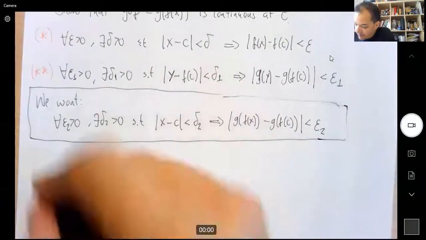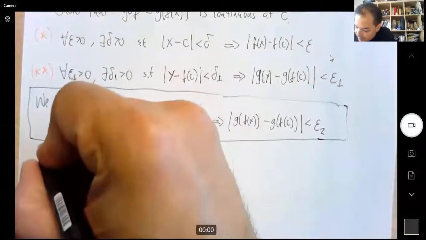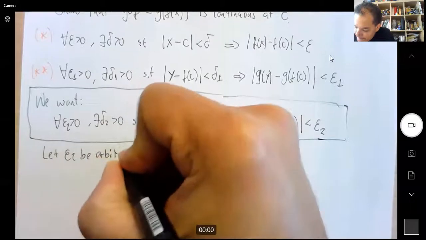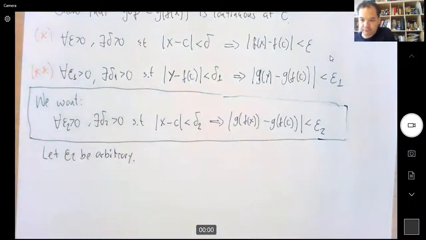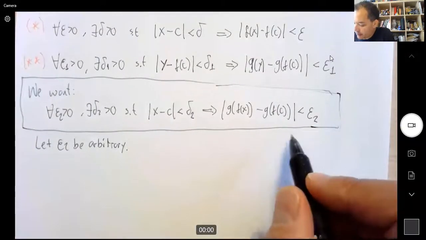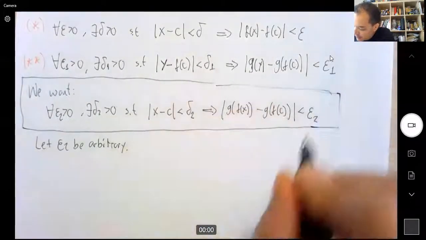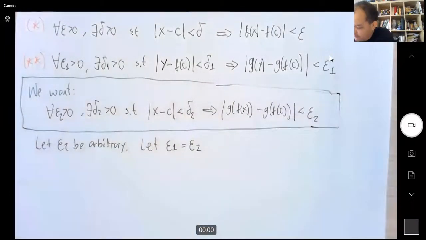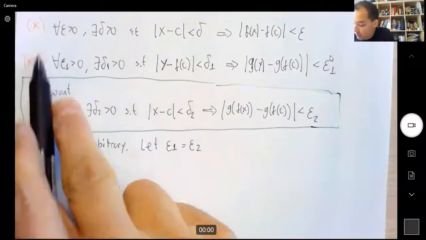So let's do it. Let epsilon 2 be arbitrary. Let epsilon 1 be equal to epsilon 2 in double star.